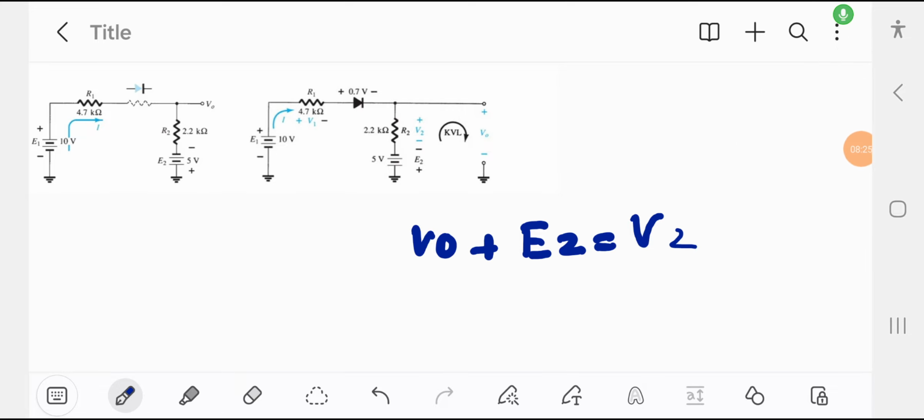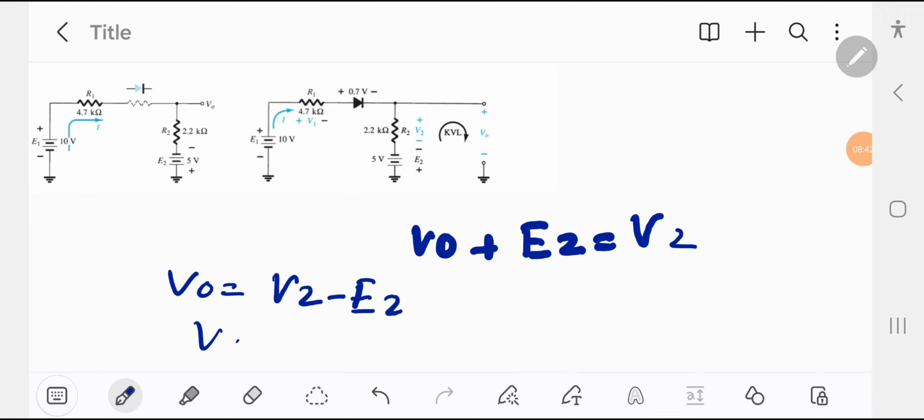Now V0 is actually equal to V2 minus E2.